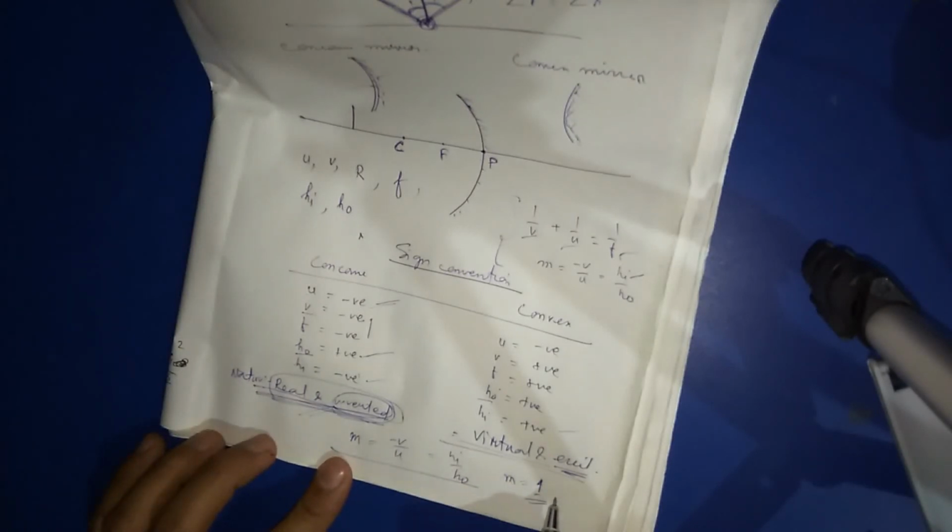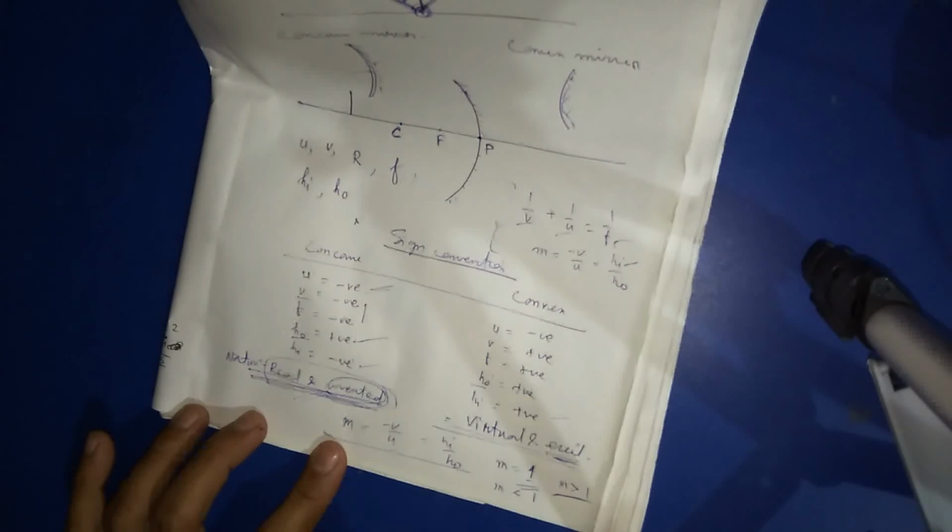Then m can be less than 1 or more than 1. If m is larger than 1, the height of the image will be large, or enlarged.